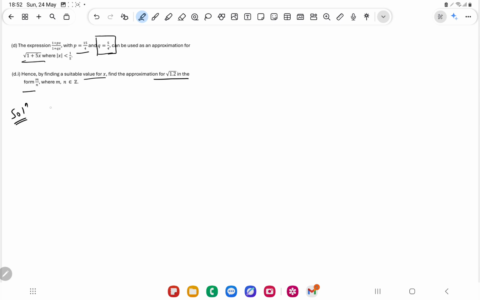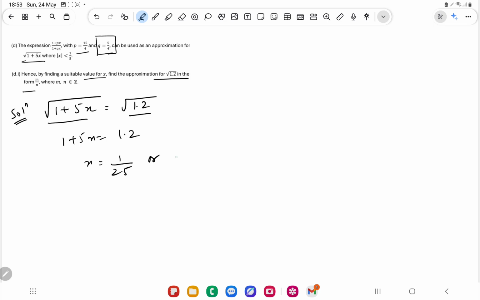Now if I equate under root 1 plus 5x with under root 1.2, because using this only I have to find the under root 1.2 value, from this I can first find my x. Upon solving I will get x as 1 upon 25, or I can write x as 0.04.